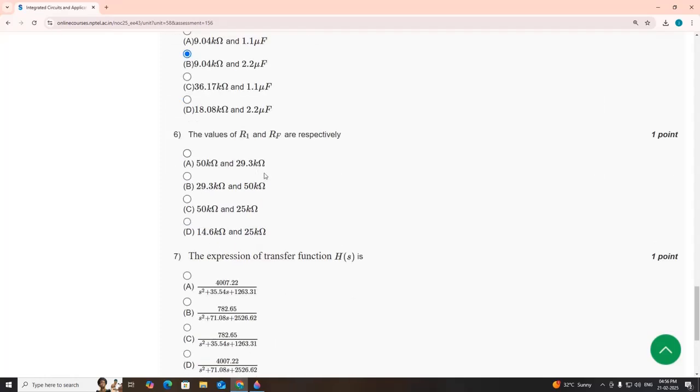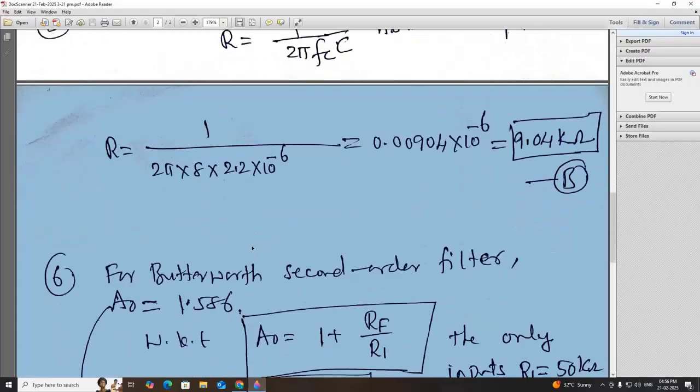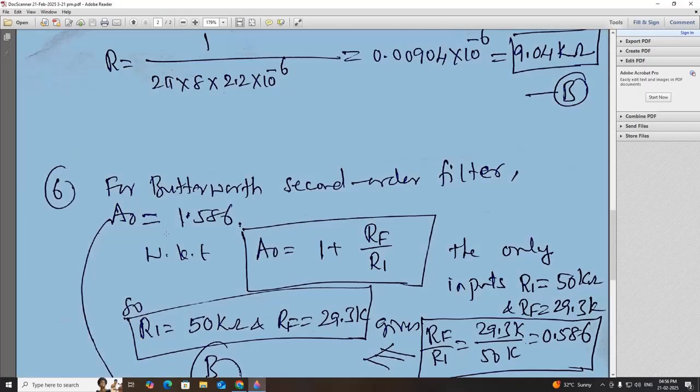Sixth one, we have to find out the value of R1 and RF. For a Butterworth second order low pass filter, A0 is fixed. For second order, whether high pass or low pass, the closed loop gain A0 is fixed, it is 1.586.